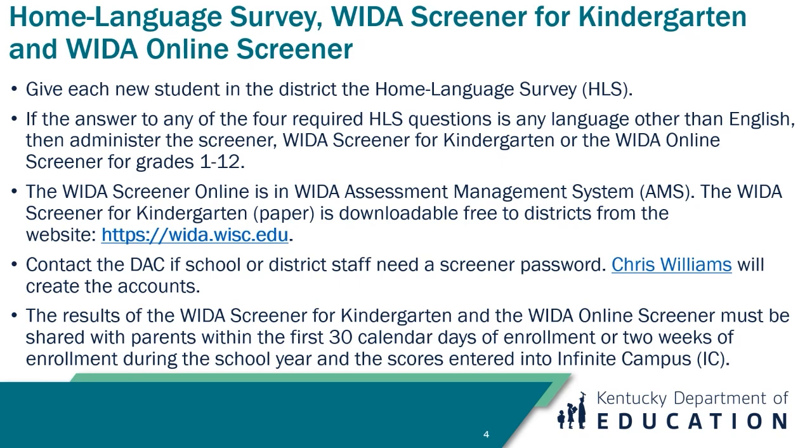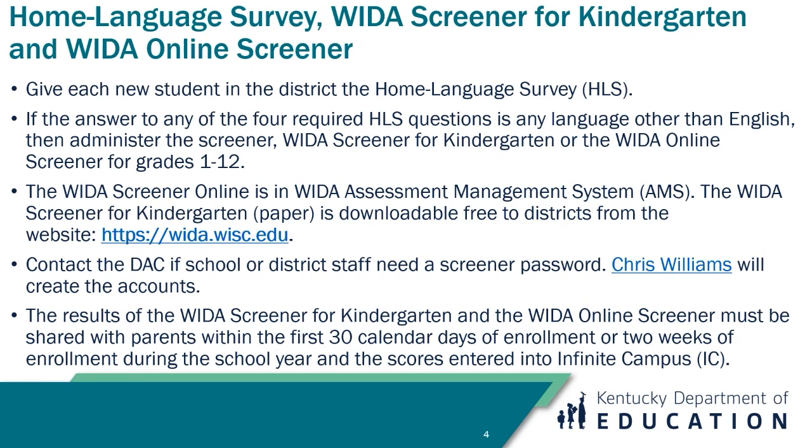Now, what do I do once I've given this and the student has qualified? Well, the results of the WIDA screener for kindergarten and the WIDA screener online must be shared with the parents within the first 30 calendar days of enrollment, and those are calendar days, or 2 weeks of enrollment if they enter after those first 30 calendar days.